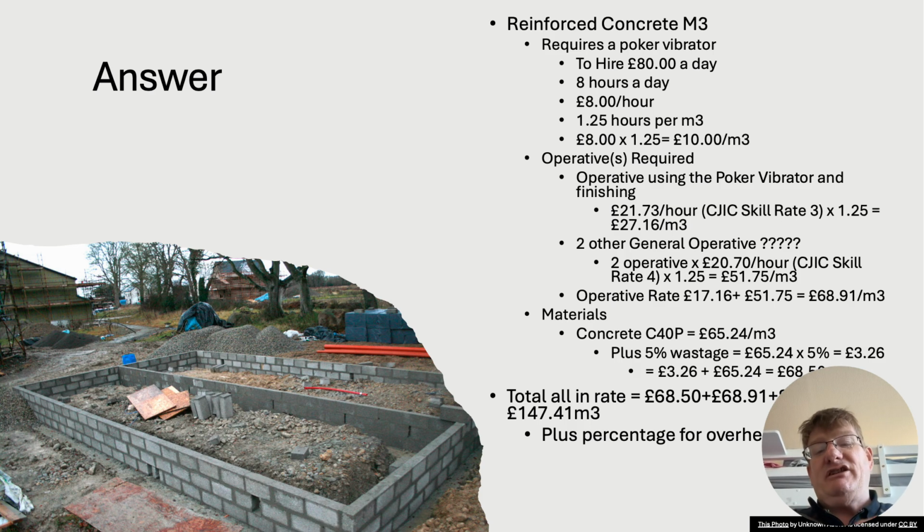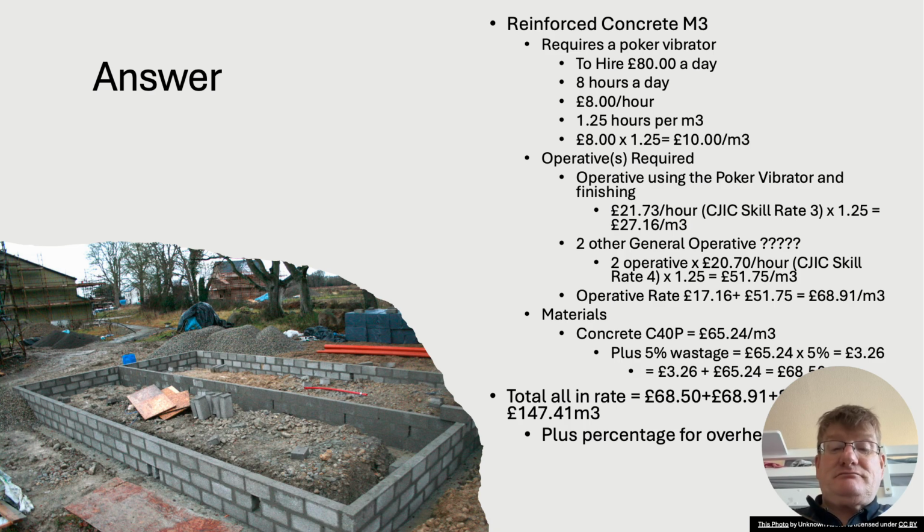I've said I'm probably going to need 2 other operatives. Maybe I'm just using a wheelbarrow. They may be shovelling it in for me. I might need 3, I might need 4, I might only need 1. Again, I've left that up for you to decide. So 2 basic operatives at a rate of £20.70, again using the working rule agreement, the CIJC skills rate. 1.25 gives you £51.75.